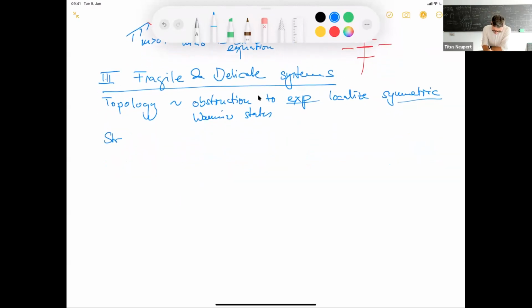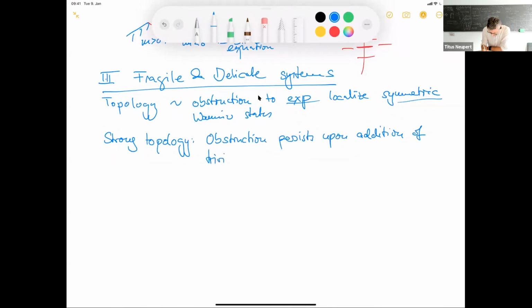Okay, and then strong topology is if this obstruction persists upon the addition of trivial orbitals, i.e. atomic limits, to the occupied bands.